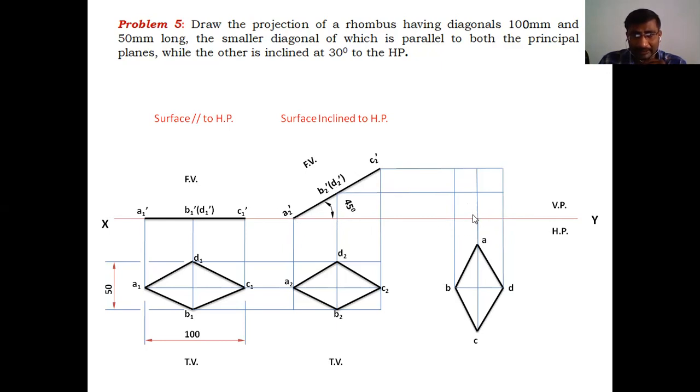That intersection point is located as A dash, the front view of A. Likewise, the intersection point between the line drawn from B and the line drawn from B2 dash is located as B dash. Similarly, the intersection between the line from C and C2 dash is C dash. And the final point, the intersection between the line from D and D2 dash, is D dash.